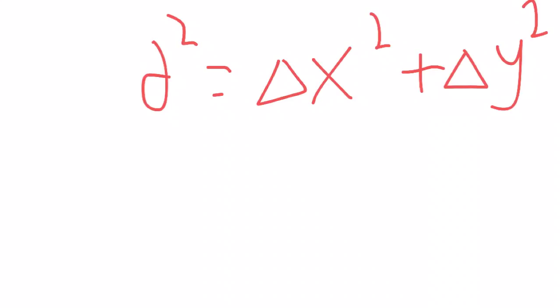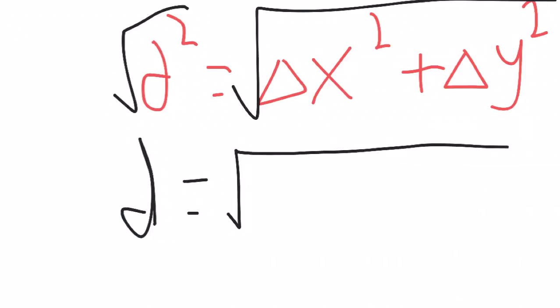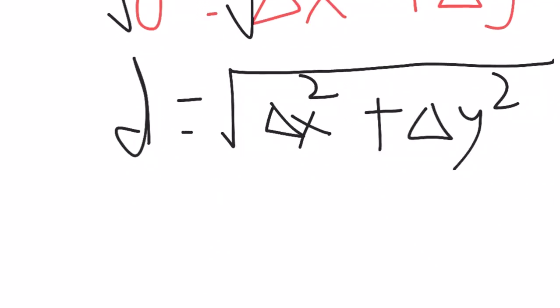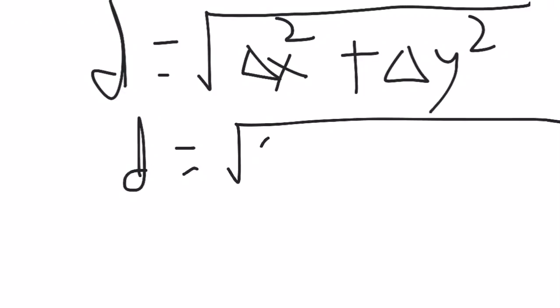Now if we want to solve for the distance, we can take the square root of both sides. So the distance is equal to, since we want it to be positive, the positive square root of delta x squared plus delta y squared. And delta x, we said, is equal to x1 minus x2, squared.